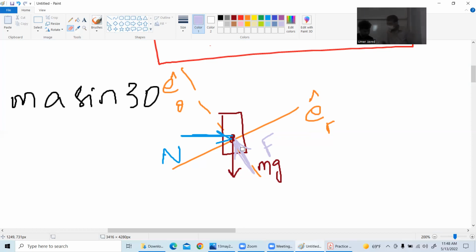The normal force is at 90 degrees to the cylinder. The force exerted by this on this is at 90 degrees, and nothing to do with these walls.